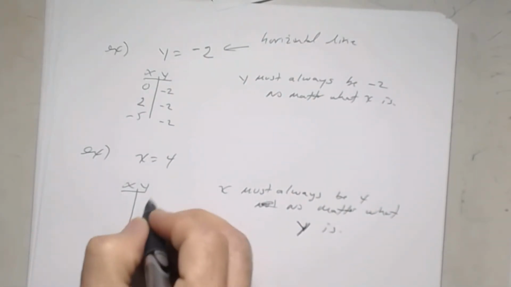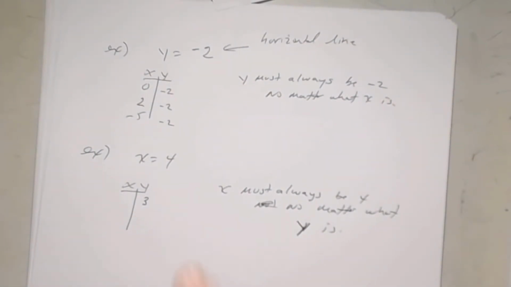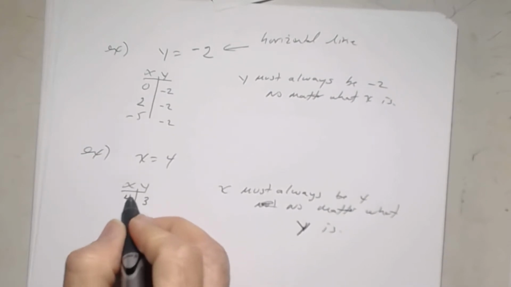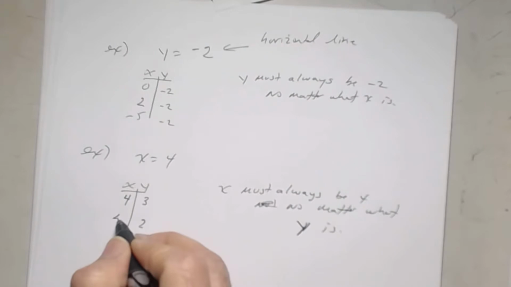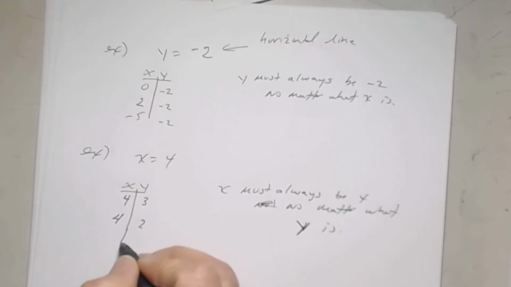So if y is 3, what must x be? 4. If y is 2, what must x be? 4. If y is -1, what must x be? 4. That's what that means. X must always equal 4 no matter what y is.